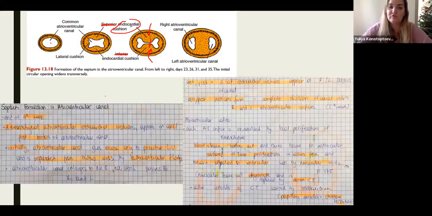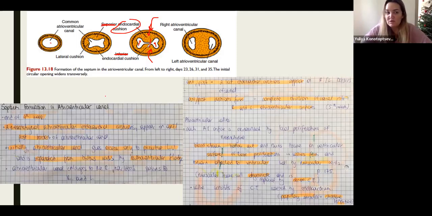The person who was writing this book, one of them was responsible for text, one of them was responsible for pictures. So from this view, it may look like this one is the superior and this one is the inferior endocardial cushion. But you have to understand the 3D view of it, right? So this is a heart on its side almost. You're looking into the ventricle. Inside there at the back, that's where the ventricle is going to be. Atrium is a bit more anterior to it.